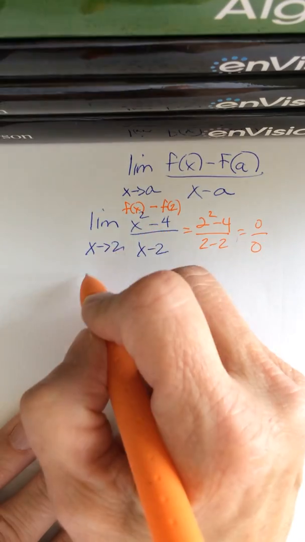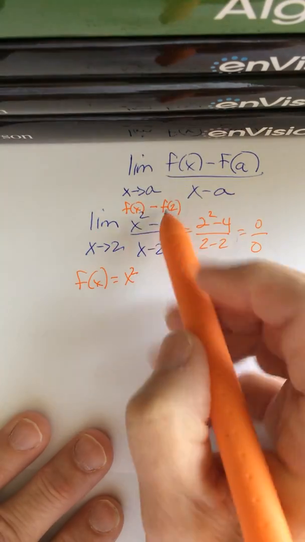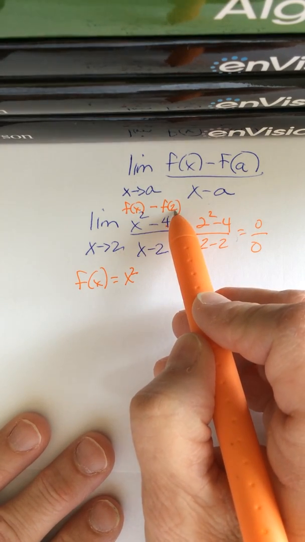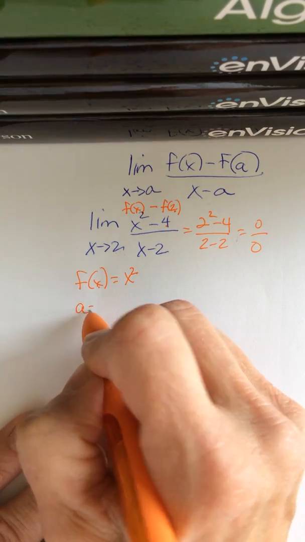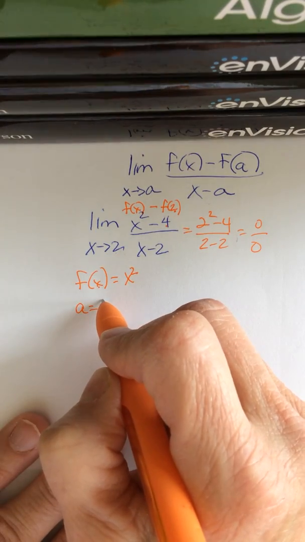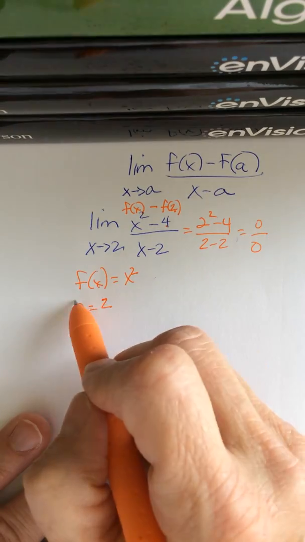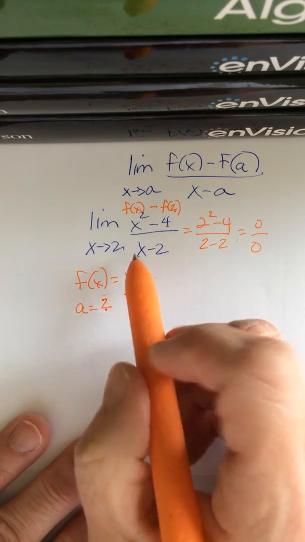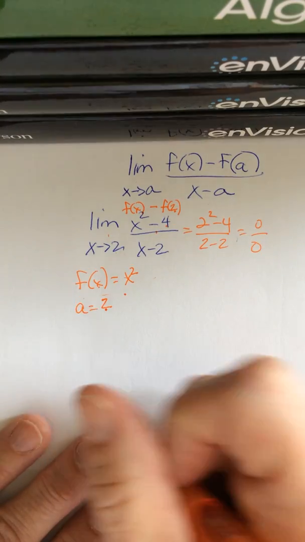So my function f of x equals x squared, and 4 is the result of substituting 2 into f. So our a value is 2. So if we wanted to find the derivative of this function and then substitute 2, then we would have the limit of this function, and they should be the same thing.